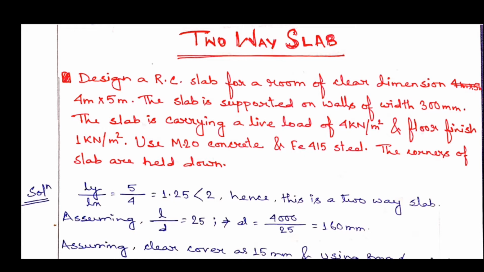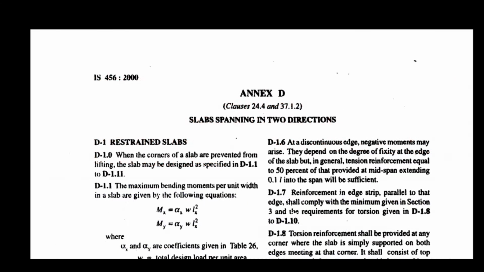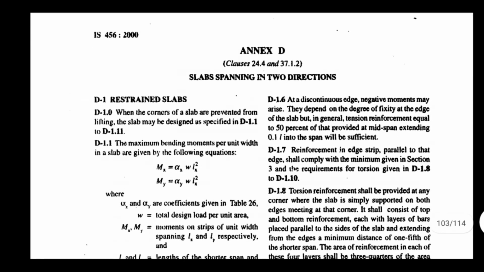The total consideration of two-way slab is given in Annex D of IS 456-2000. So let's have a look at Annex D of IS 456-2000. This is Annex D: slab spanning in two directions. So these are the considerations.